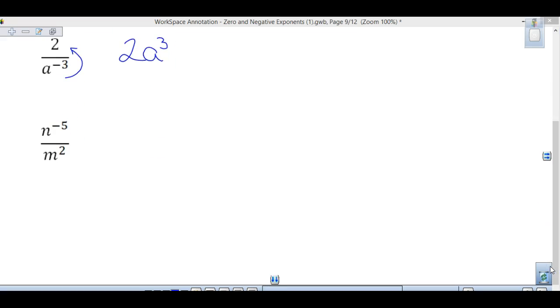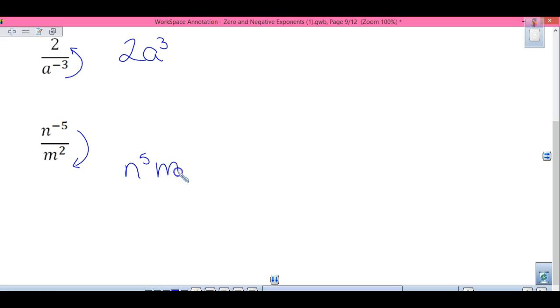Okay, this guy. That n to the negative 5th has to go where? He's got to go to the basement. So I've got n to the 5th, m to the 2nd down in the basement. Is there anyone upstairs? We need a placeholder upstairs. Somebody's got to watch the upstairs. It's always going to be 1. 1 is the master of the upstairs.